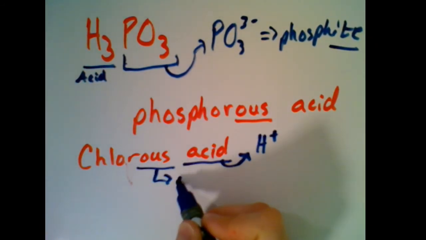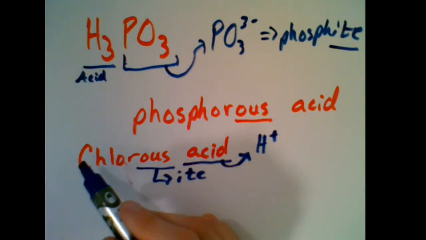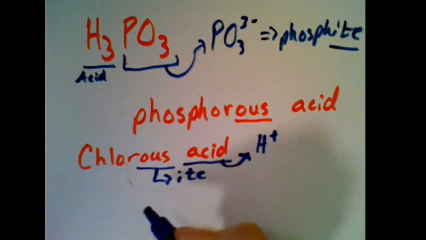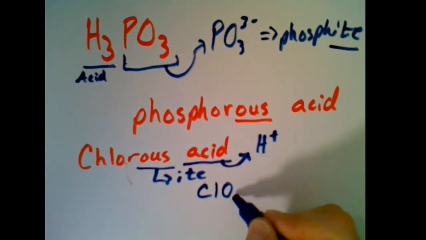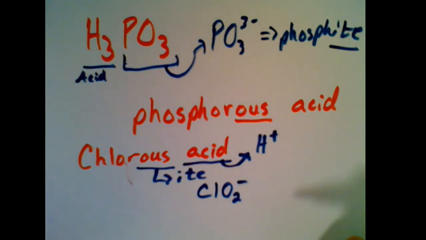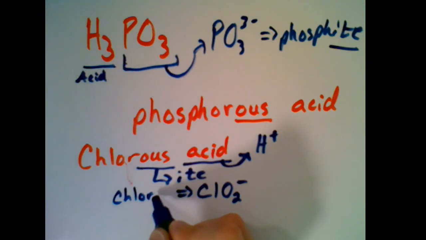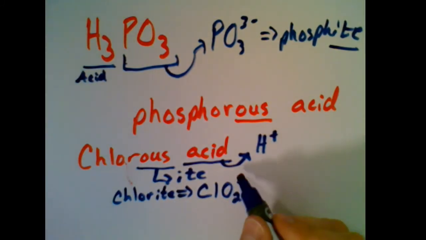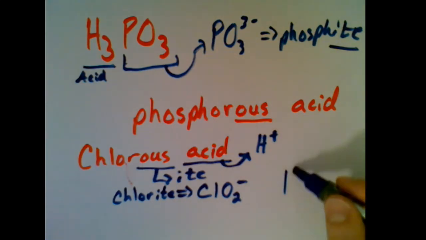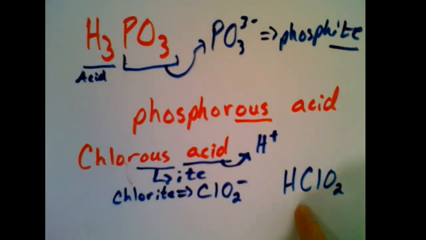Ous, it's going to end with ITE. So we're looking for something called chlorite. Chlorite is ClO2 with a -1 charge. And that is our formula for chlorite. Now, we're going to combine those together. You have a +1, -1. That balances out. And there's our formula for chlorous acid.